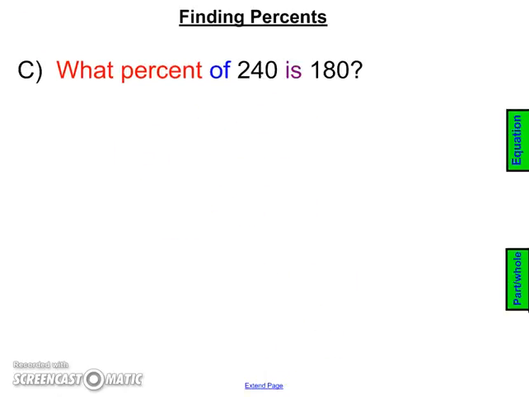All right. What percent of 240 is 180? Okay, again, there's our multiplication. There's our equals. And again, I'll use P, which you don't have to use. If you want to, you can. If I want to simplify this, it is 240P. You don't have to use P, though. You can use x, you can use y, you can use, well, anything.